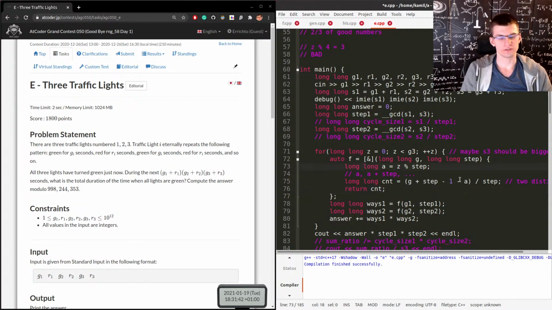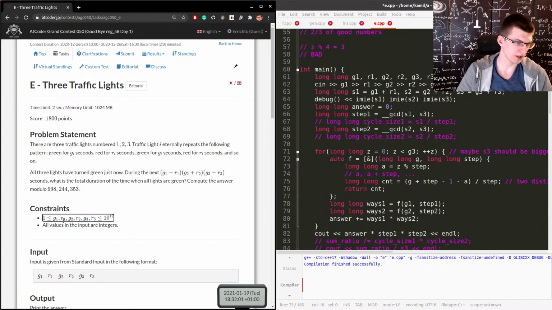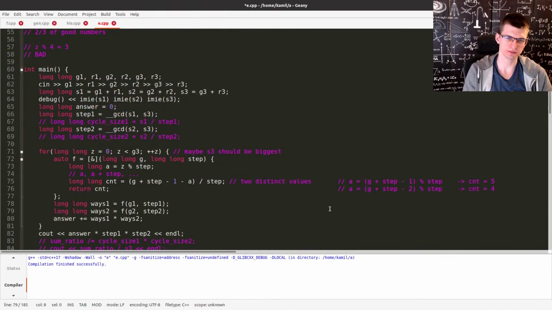I have a linear solution, and I need to get something in likely of square root of that, or just log square. Or maybe this is smaller than 10 to 18 only because some kind of multiplication would otherwise overflow, or so we could check if something is prime. But 10 to 12 usually means square root complexity. Square root of that will fit in 1 second.